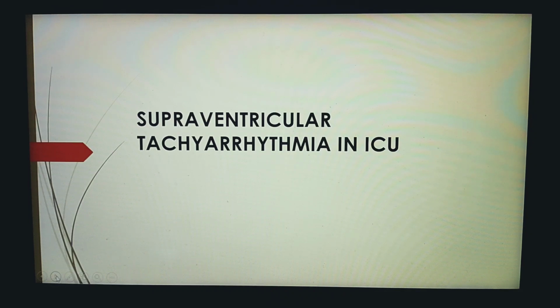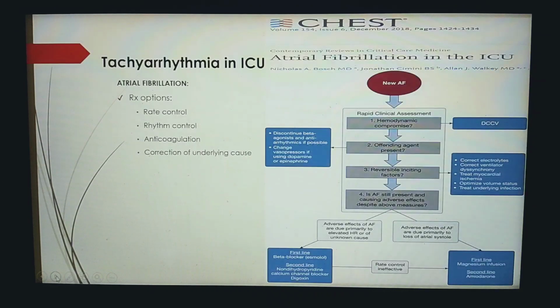So how to manage supraventricular tachycardia in ICU? In case of supraventricular tachycardia, atrial fibrillation is most common. For management purposes, we have to know the duration of the atrial fibrillation. If it is less than 48 hours, then it is defined as new atrial fibrillation, and can be treated by DC cardioversion if it presents with hemodynamic instability or compromise.